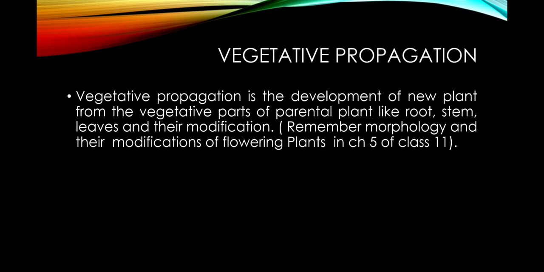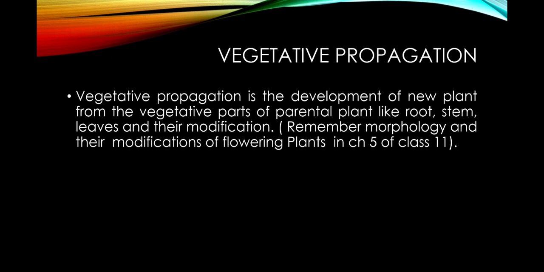Now, next is very important, as you are quite aware of the vegetative parts of the plant, as we studied plants and their morphology in chapter 5, class 11. So you are quite aware of what the vegetative parts of a plant are, and here the propagation or generation of new plants takes place with the help of vegetative parts of the plant.